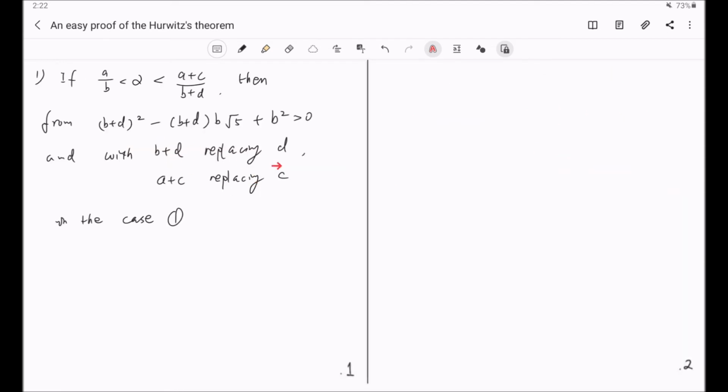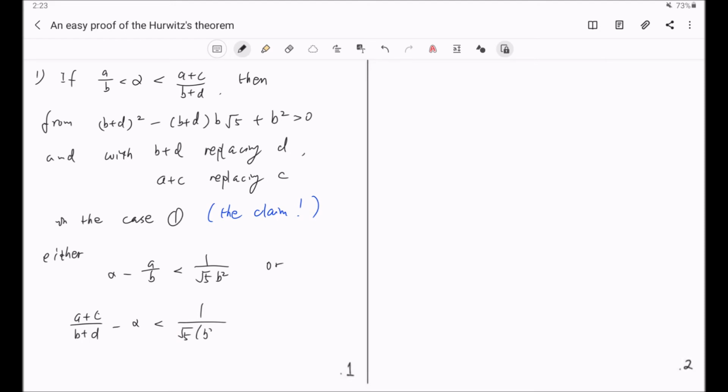And here, by making some trivial replacement, we conclude the similar thing, that either alpha minus a divided by b is less than 1 over square root of 5 times b squared, or a plus c divided by b plus d minus alpha is less than 1 over square root of 5 times (b plus d) squared. And although it is trivial, I should add that the left-hand side is always greater than 0.